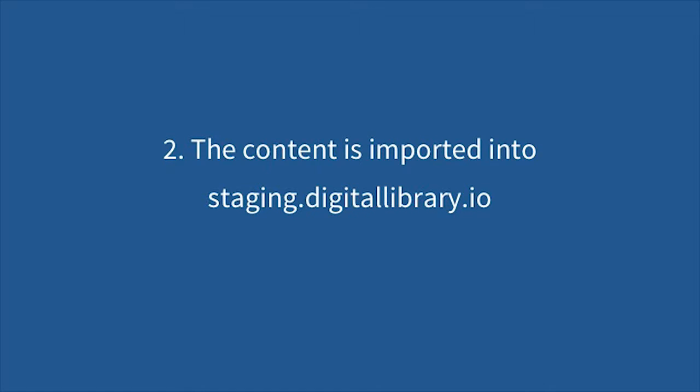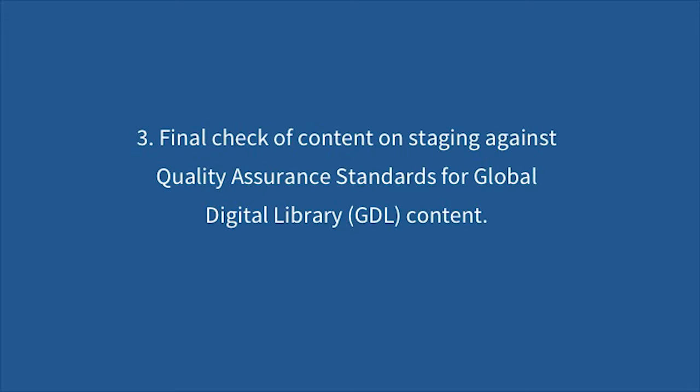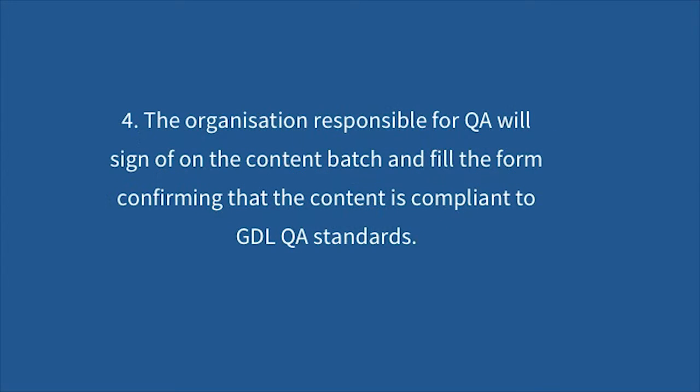After approving content on our test platform, we do a final check based on the quality assurance standard that I just mentioned, title by title, and then the organization that we choose to be responsible for the QA would actually sign an online form that says the content is compliant with the standards.